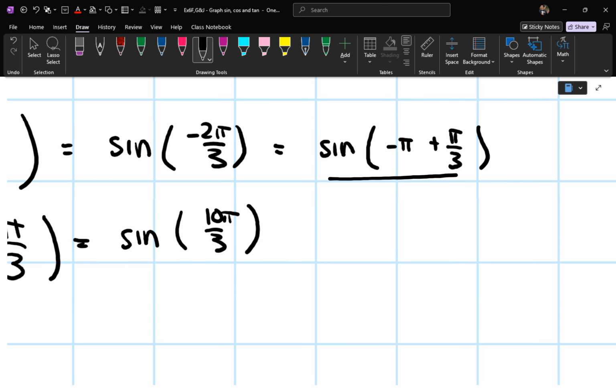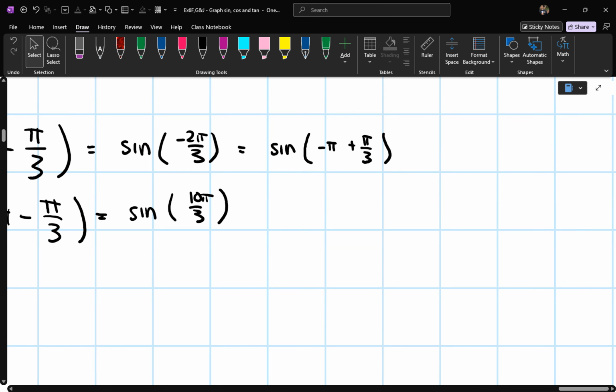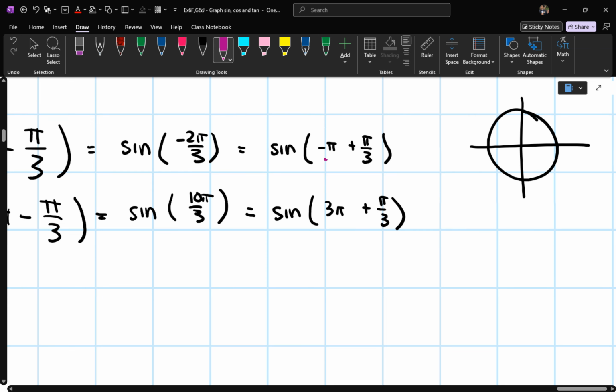So if you're not understanding what I'm doing here, that means you've got to go back and make sure that you can do symmetry properties on 6E, I think it was. And the same thing with this one. This is sine of, and you can rewrite that as 3 pi, which is 9 pi on 3, plus an extra pi on 3. So if you had to visualize that on a unit circle, this is 0, negative pi is over here.